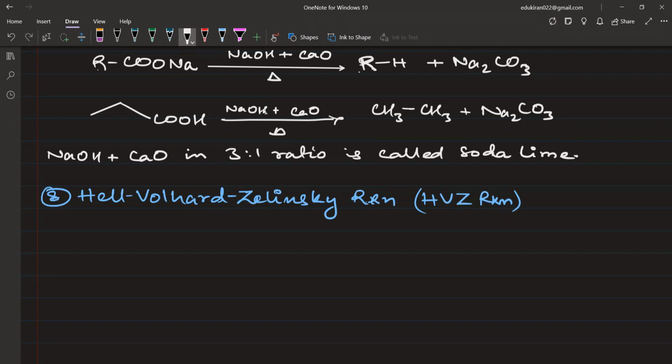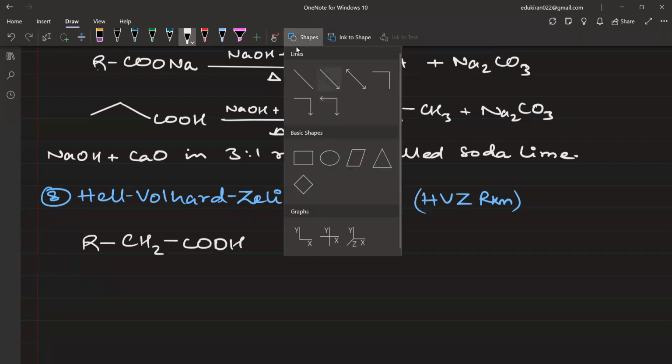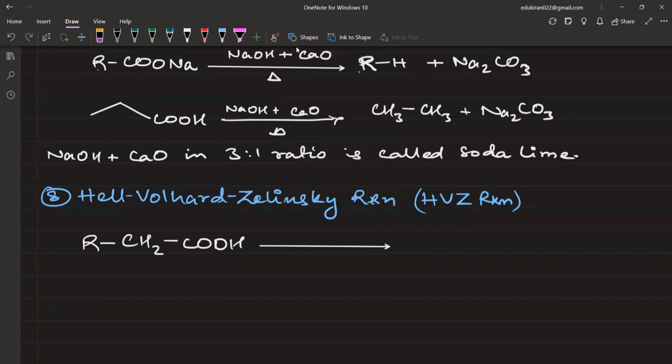In this reaction, you should have at least one alpha hydrogen. That is, you should have R CH2 C double bond O COOH. You react first of all this with chlorine or bromine in red phosphorus. That is X2 in the presence of red phosphorus. And after that, you add water to it.